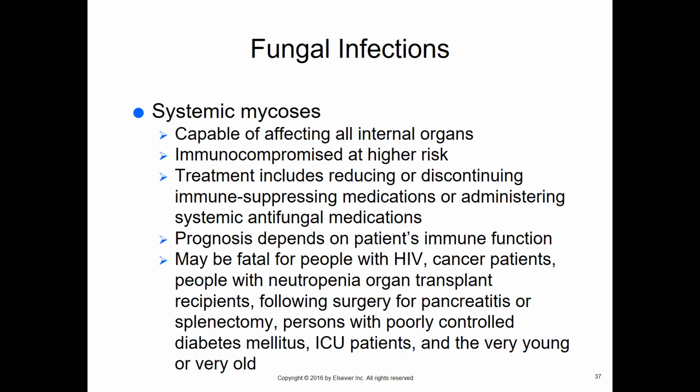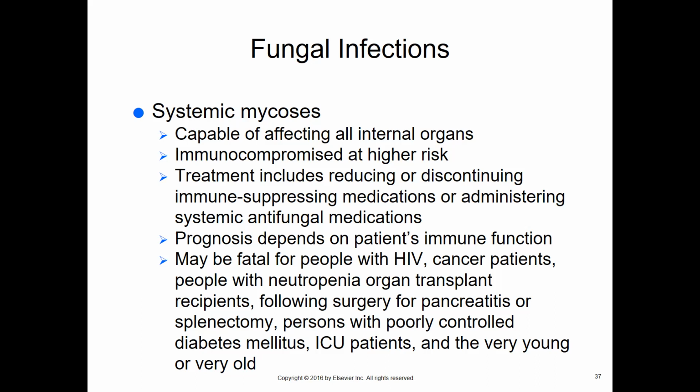Systemic mycoses are fungal infections capable of affecting all internal organs and are becoming more and more common in the hospital. Clinical features depend on the specific organism that causes the illness or the organ that is affected. A person with a competent immune system will show only minor or no symptoms.